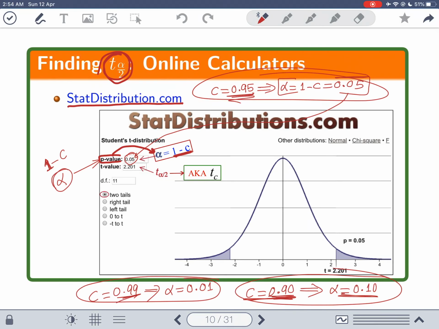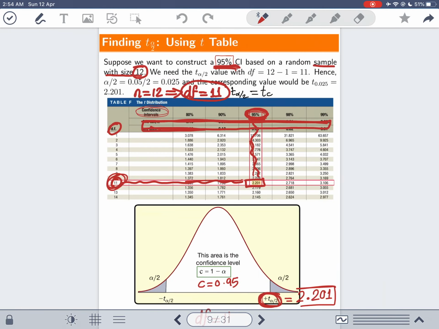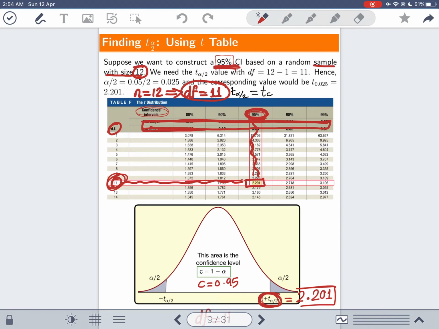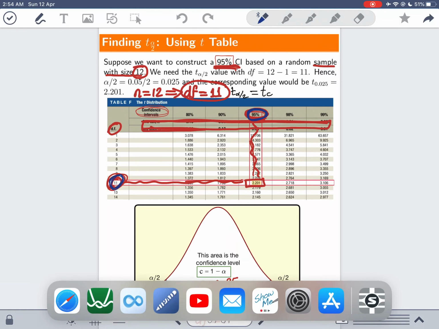So let us just check that our answer here, this 2.201, that we get it in the online calculator. So when we go in the online calculator, we need to remember that 95% confidence and 11 degrees of freedom. So let's go now. The calculator is here, so you put here, when you see p-value, let's just make it big or bigger. The p-value, you put alpha. But what is alpha?